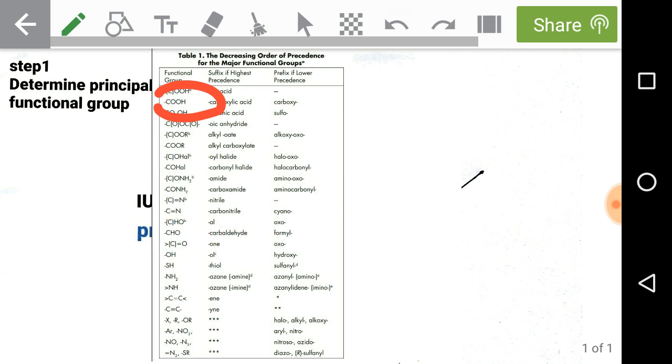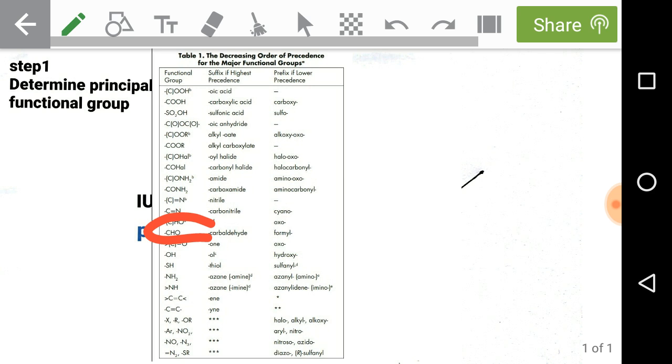Based on this priority table, COOH should be taken as the principal functional group and given as the suffix. That means the compound has the suffix carboxylic acid. The other functional group, aldehyde, should be taken as a prefix because it has less priority than carboxylic acid according to this table.